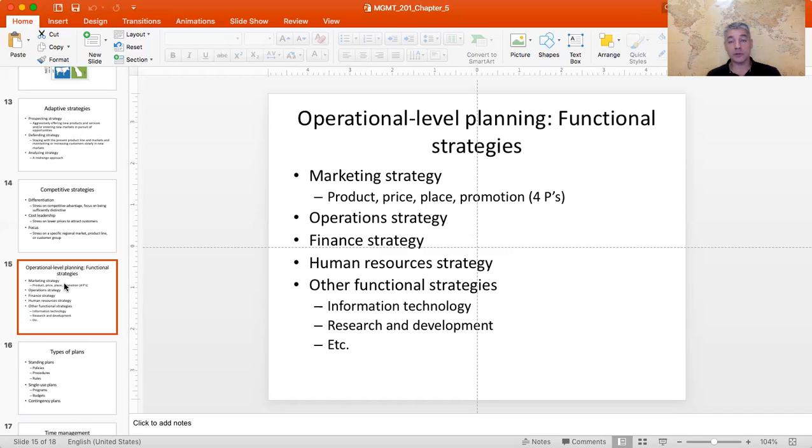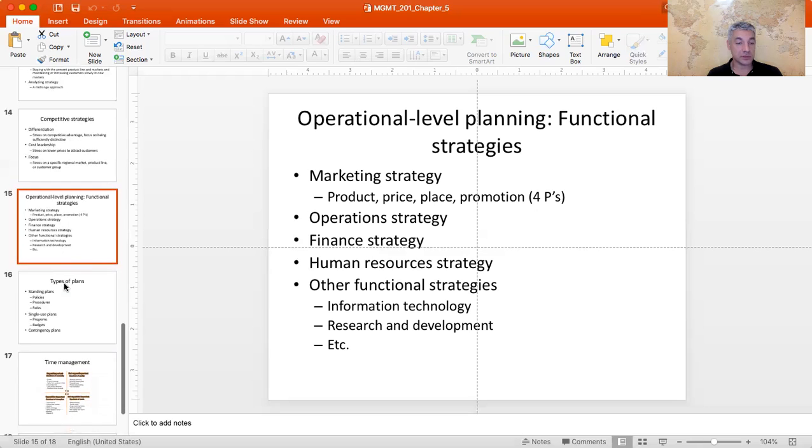So primary activities have to do with the transformation of inputs into outputs and then customer service. Support activities do not necessarily have to do with this transformation of inputs into outputs, but they support the primary activities, right? So remember that. I believe we have discussed that.